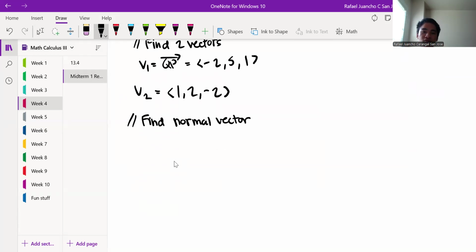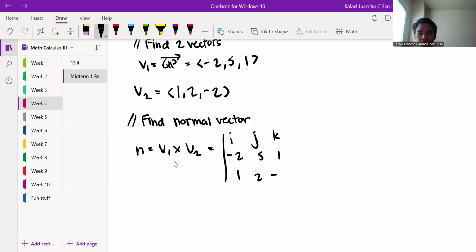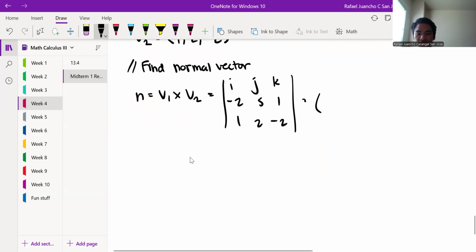So here I say, oh, we have n, which is v1 cross v2. Get the cross product of that. Then we get -2, 5, 1, 1, 2, -2. Then I take out my i: -10 minus 2, that's i, subtracted.